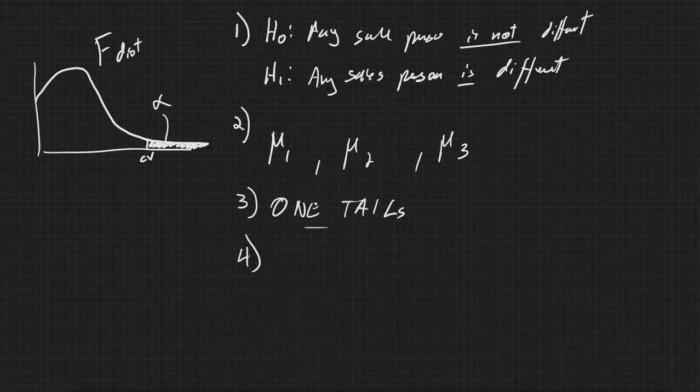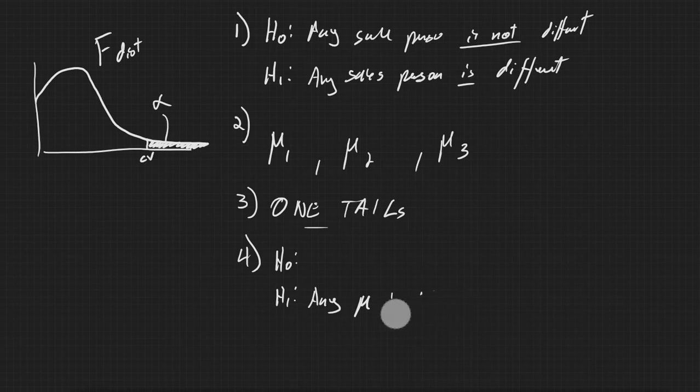Step 4, we're going to do the hypotheses that we just did, but now in math. So we do H sub 0, H sub 1. I always like doing H sub 1 first: if any one of these is different, more traditionally, and for simpler understanding, any mu is different from the others.